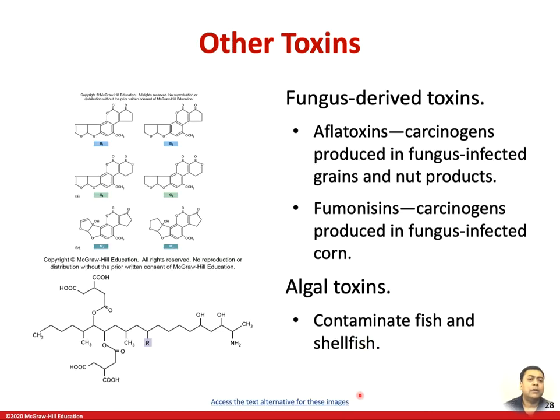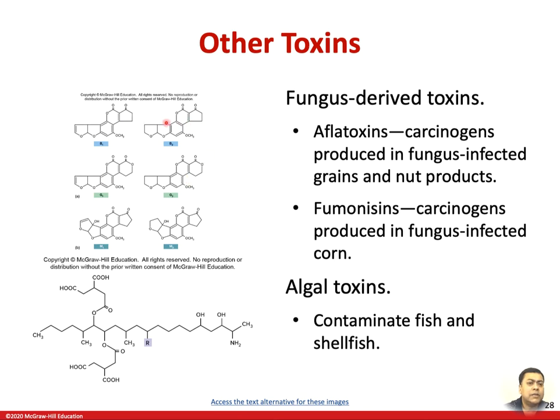So here, what we are looking at are two important toxins, and these are fungus-derived toxins. The first one is aflatoxin, and these aflatoxins are carcinogens produced in fungus-infected grains and nut products. Aflatoxin is mainly produced by Aspergillus flavus, and there are four basic chemical structures: B1 and B2, and then G1 and G2.